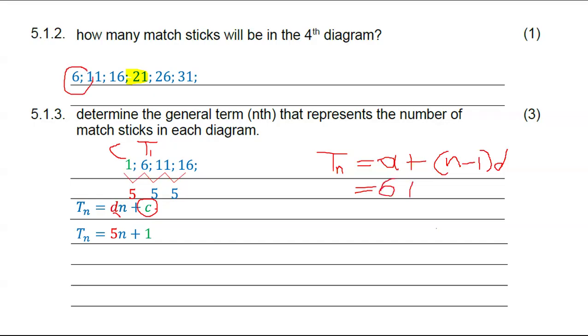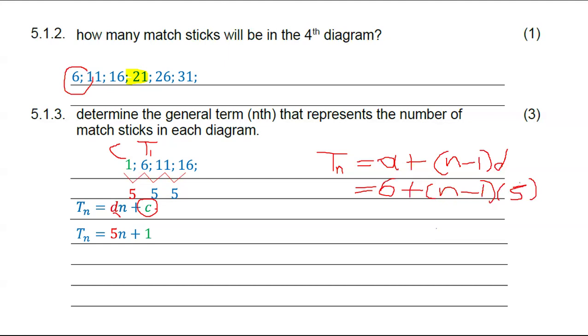You will have plus (n minus 1). d is the common difference, which is that constant number that we keep on adding to get the next term, and that will be 5.